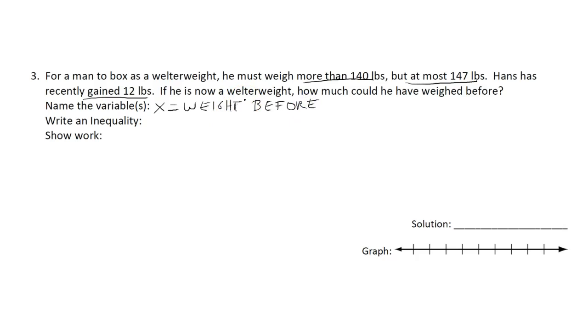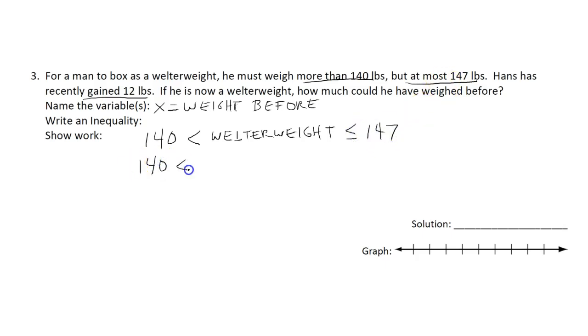Now let's see if we can write the inequality. First, we know that 140 pounds is less than a welterweight. So 140 is less than a welterweight. And a welterweight weighs at most 147 pounds, which is less than or equal to 147.